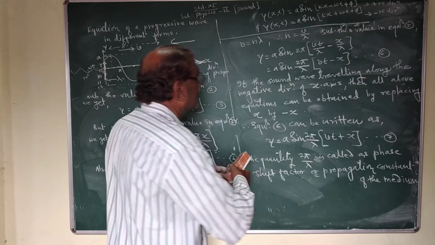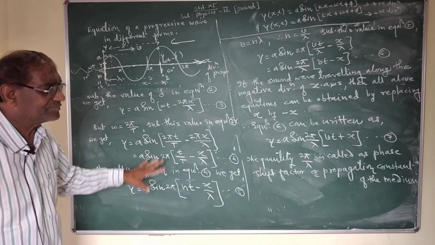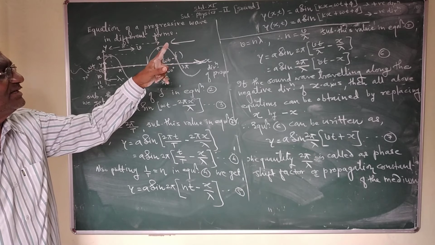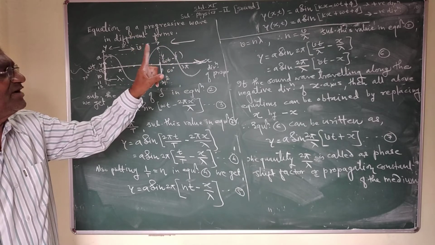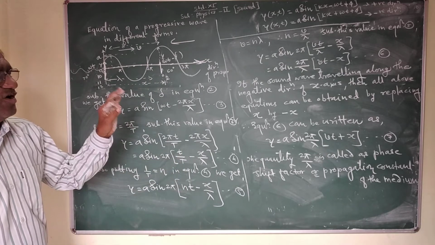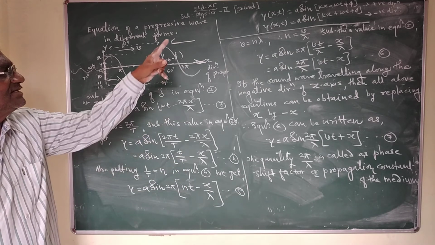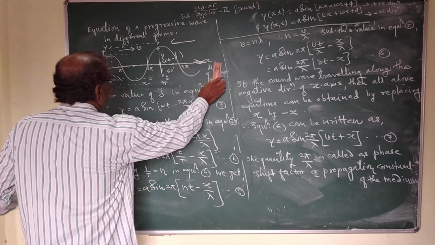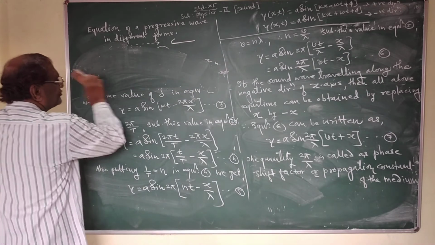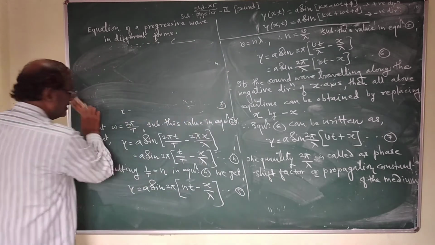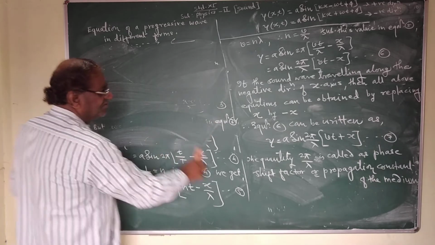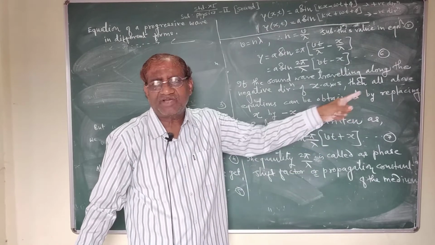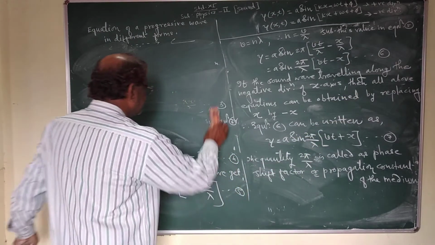Now this is the method, but in the book you will directly have to write the equation for displacement of a particle as a function of distance and time in this way. So this is the concept. This is the equation for a progressive wave when it is traveling along the positive and negative direction of x-axis.